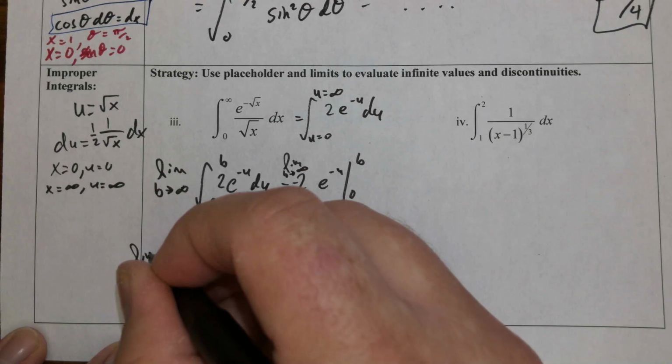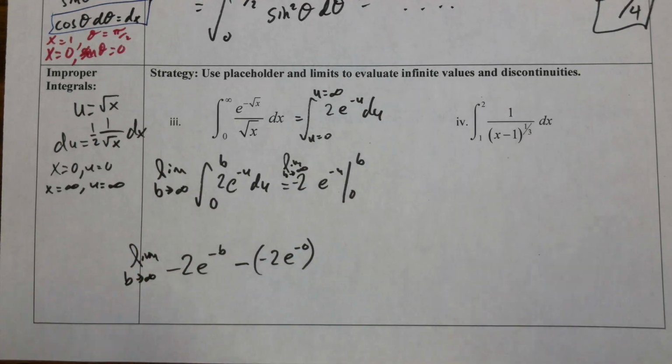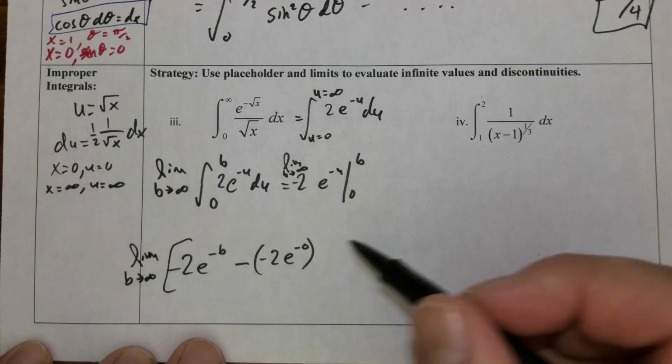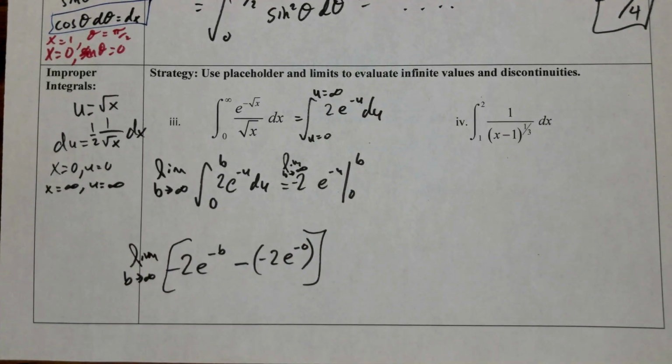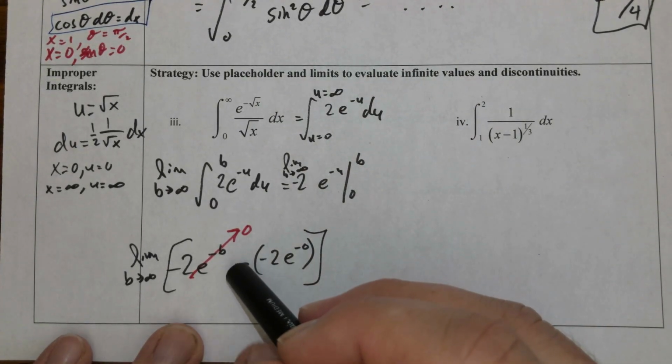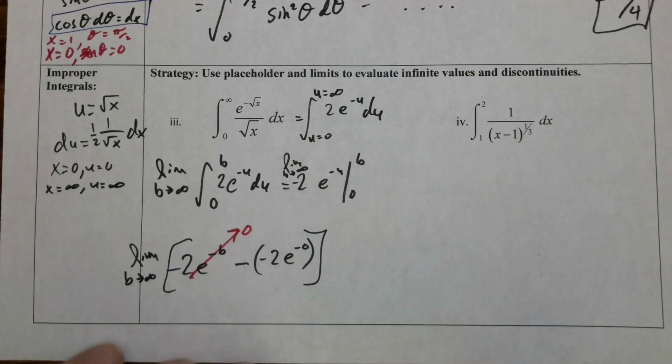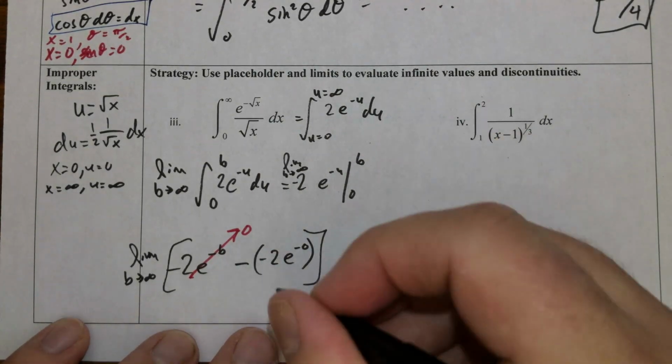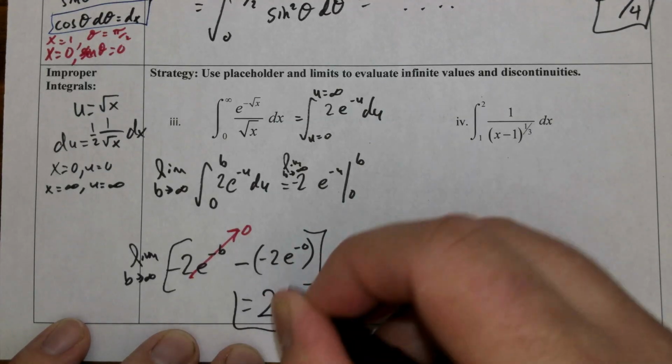And again, I'm carrying this limit all the way through because I haven't evaluated what b is yet. I cannot drop that limit notation until I've plugged in or evaluated that limit. As e goes to the power negative infinity, I know this thing just goes to 0. And so this just simplifies here. Negative of negative 2 e to the negative 0, well, that just becomes 2.